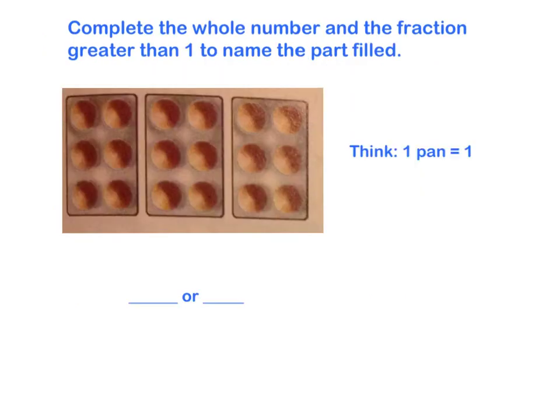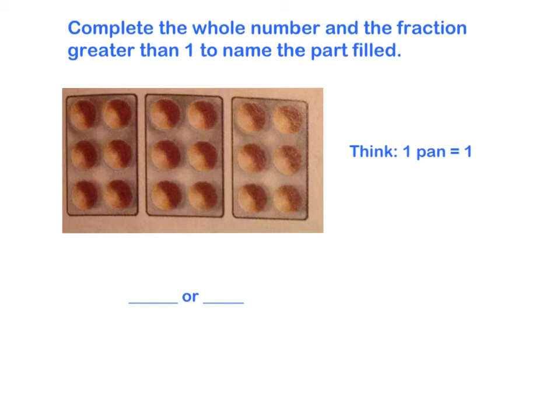Now try this problem with me on your paper. The directions say complete the whole number and the fraction greater than 1 to name the part filled. We did a little bit of this in class today. Let's first look at the whole number.